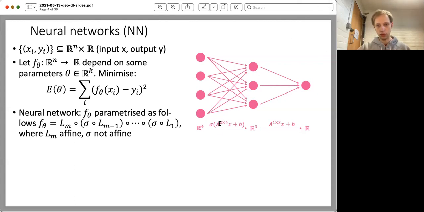You do this matrix multiplication, you add a vector, you apply the sigma, you get something in R^3. Then you do the same thing again, you get something in R. And then we can count how many parameters there are. For this matrix, there are 12, there are 3 here, another 3 parameters, 1 here. So you can calculate how many there are in total. I'm not going to try now.